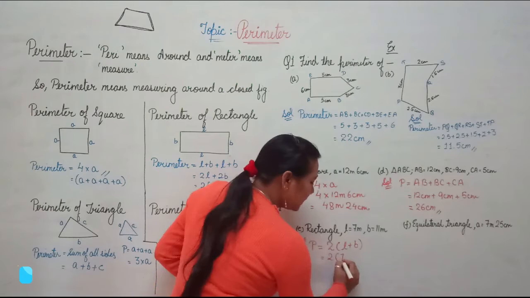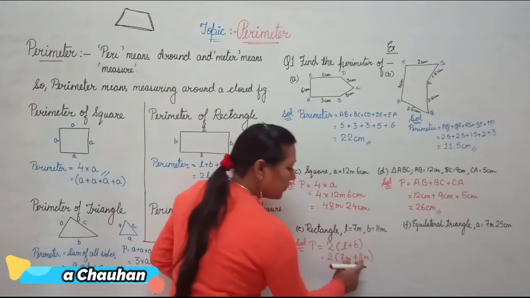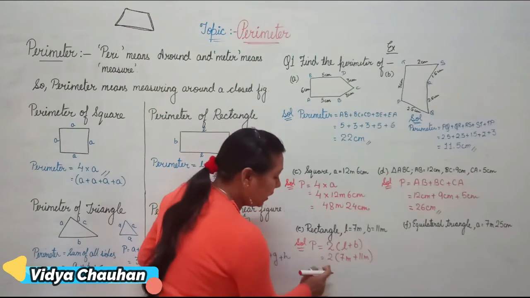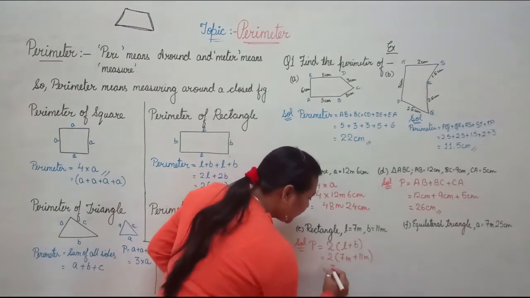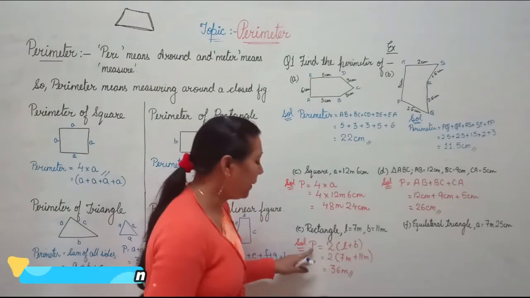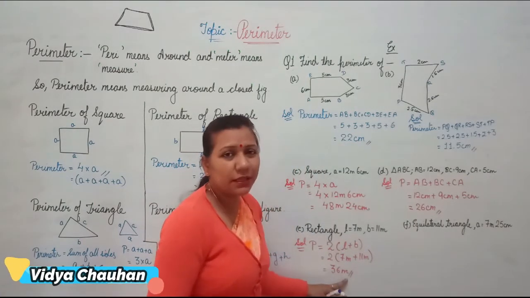How much is the length? 7 meter. Breadth 11 meter. So 11 plus 7, 18. 18 multiplied by 2, 36 meter. So the perimeter of this given rectangle is 36 meter.